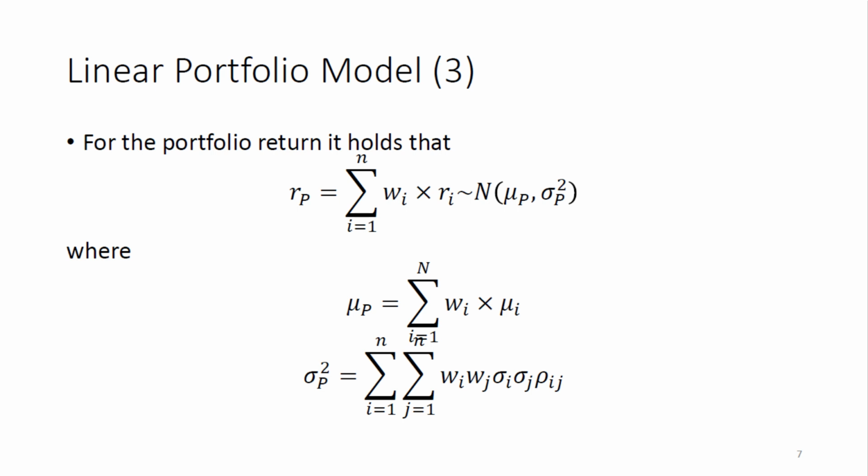So I look at each entry in the covariance matrix, and I multiply that with the weight of one asset and the weight of the other asset. And then I add up all these elements together, which provides me the variance of the portfolio. So rather an easy way to do that.